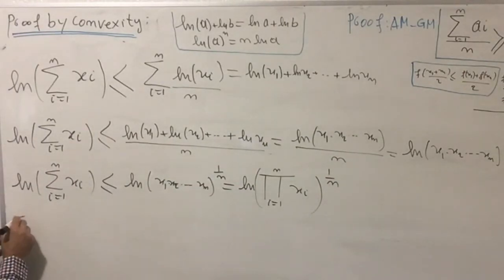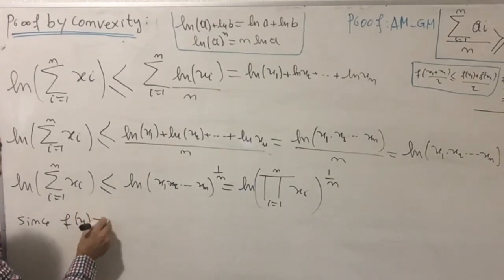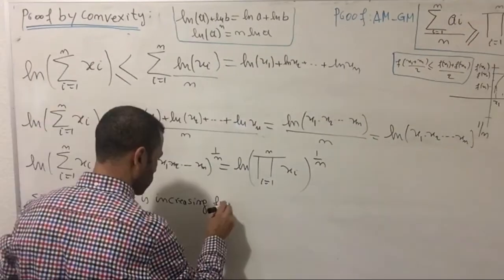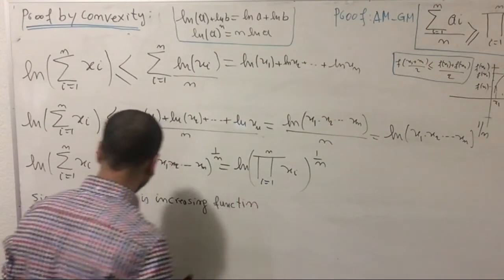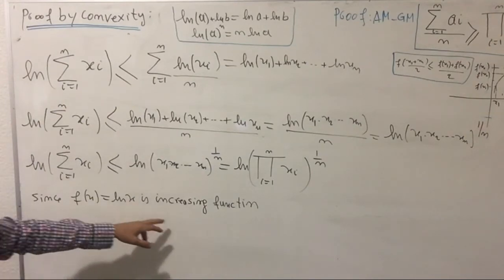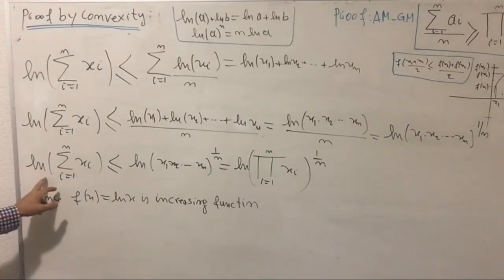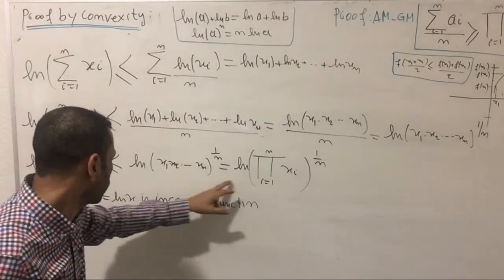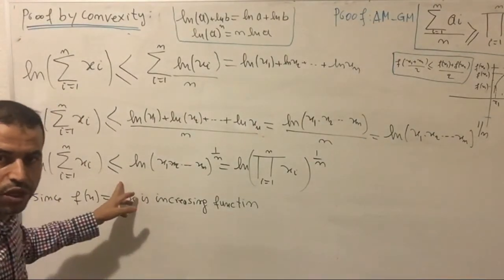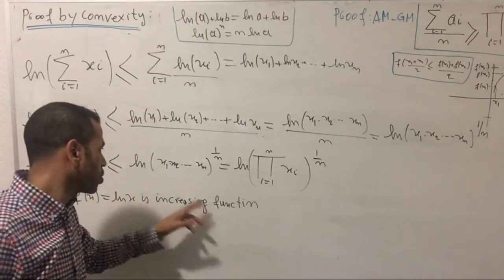Now since f of x, natural log of x, is an increasing function, I'm going to take off the natural log from both sides. It will not affect the inequality direction because it is an increasing function.